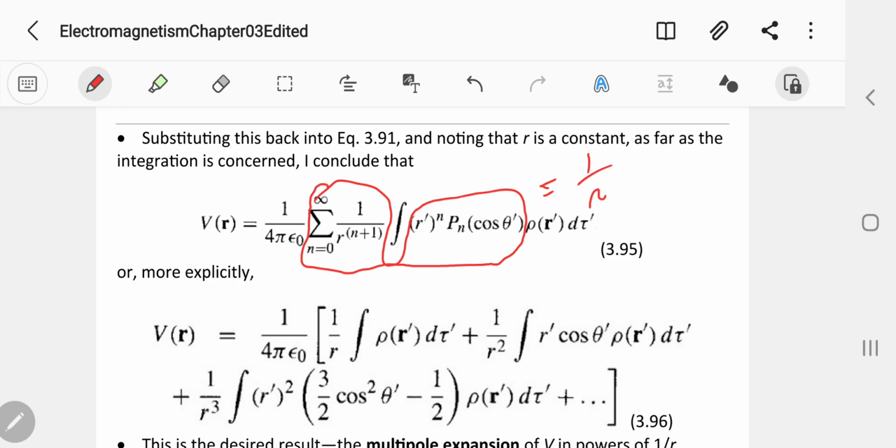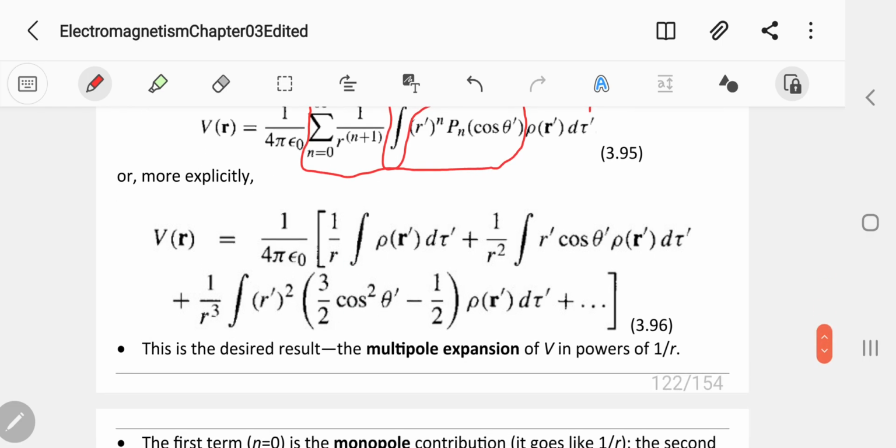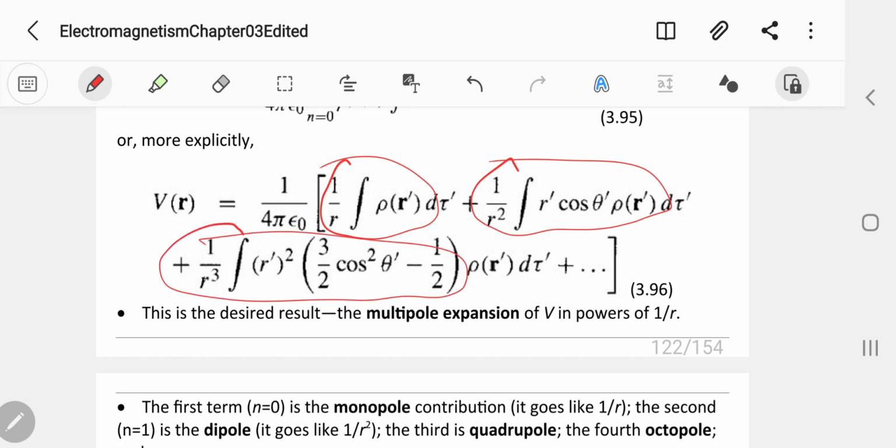So you can expand this. Here you have the first expansion, the second expansion, the third expansion, and so on.